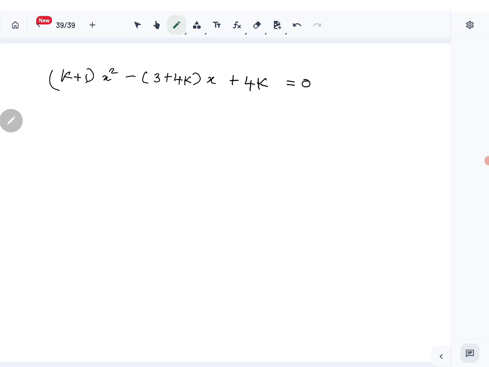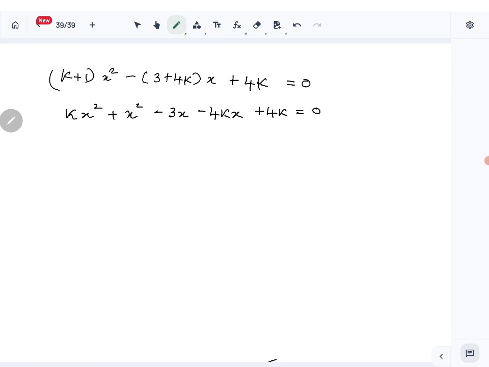Right. So now let's convert this into the correct form. Kx squared, wait, how to do this? Let's see, kx squared, x squared minus 3x. Let's just get rid of brackets. Minus 4kx plus 4k.